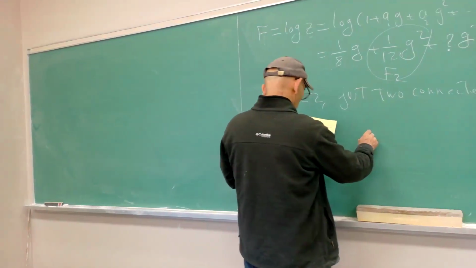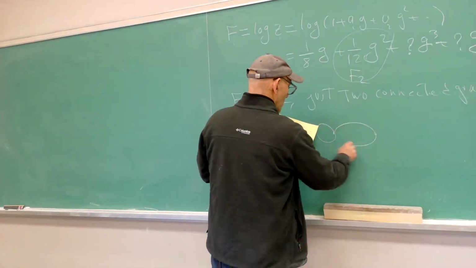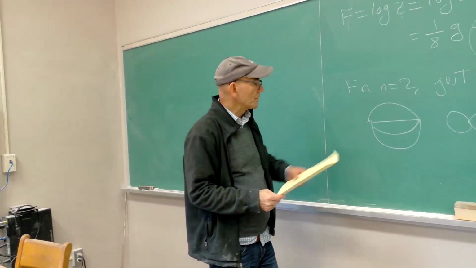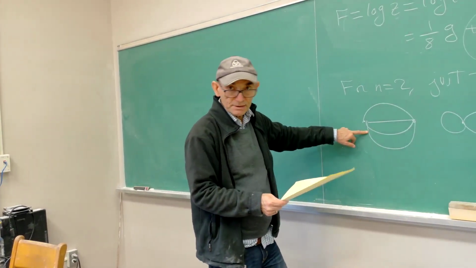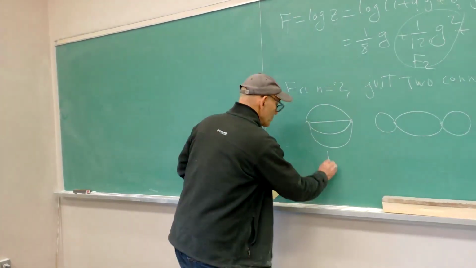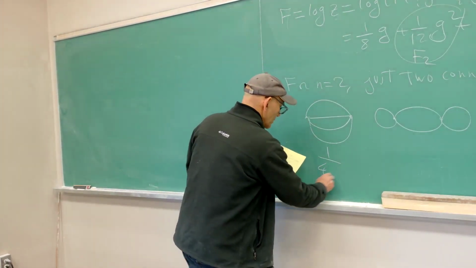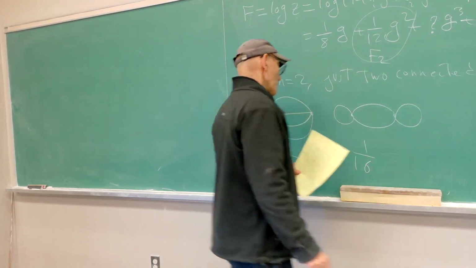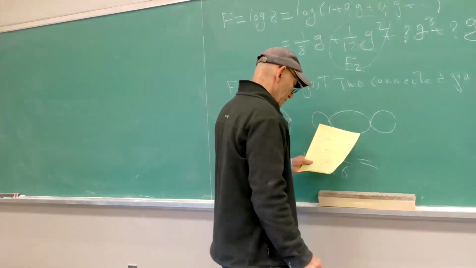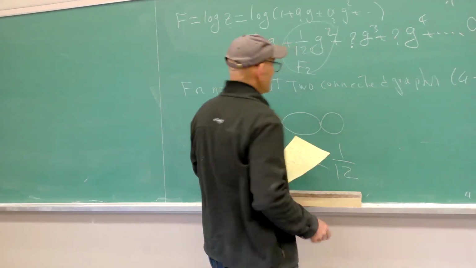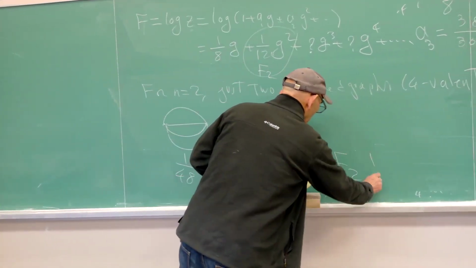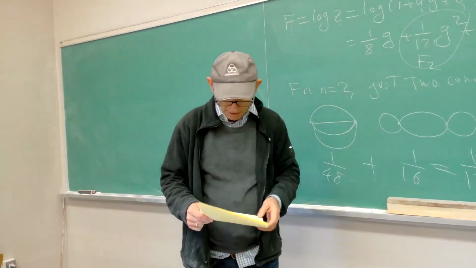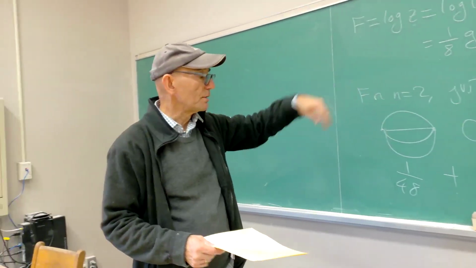And the other one is this one. That we had before, right? So the order of automorphism group of this one is 48. So this symmetry factor is 1 over 48. And this one is 1 over 16. So if you add these two things, you get 1 over 12. As it should be, it fits the calculation that we want. So it fits the other information.